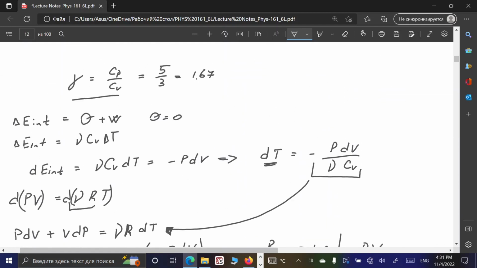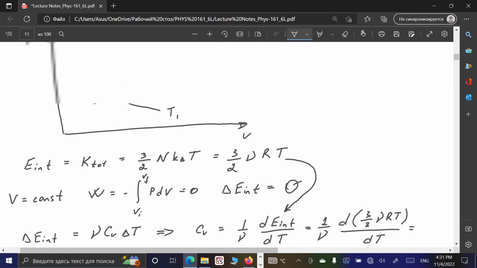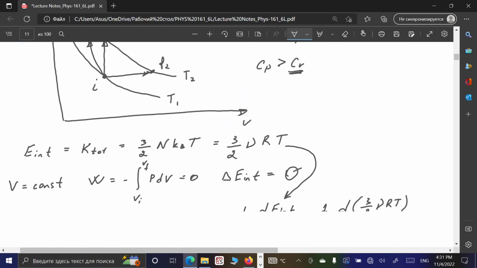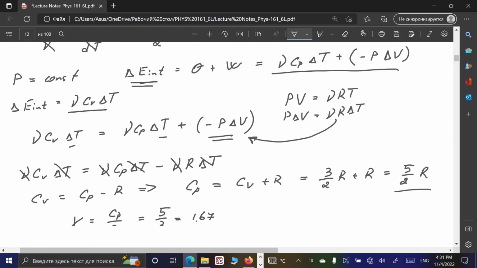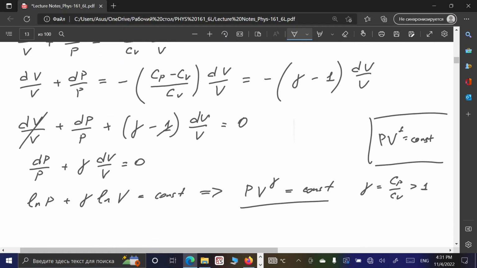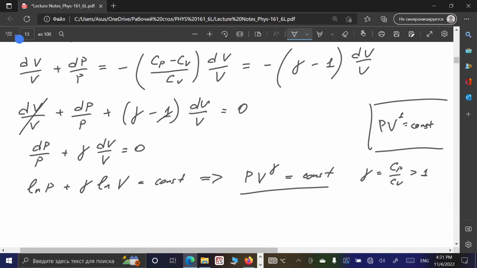So if we come back here for our plot, we see that this adiabatic process is steeper than isothermal process because of gamma, because V in power of gamma and gamma is larger than unity, which we have for isothermal process.